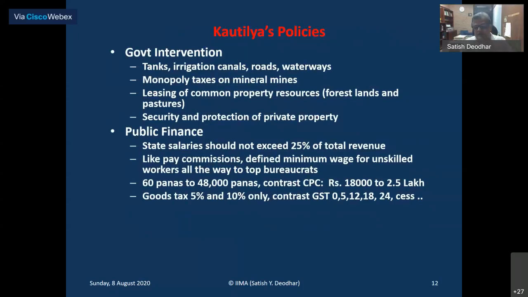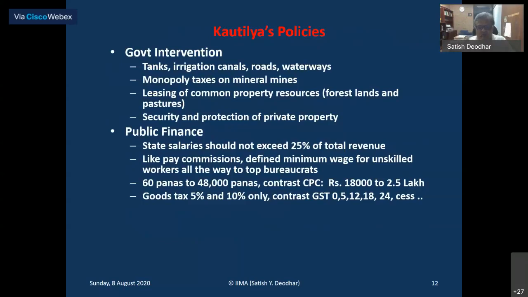The Central Pay Commission. He talked about a pay commission, and he talked about what should be the salaries for different people, starting from a palanquin holder to the Rajaguru or the Senapati, who is the general in the army. What should be the salaries of each and every employee of the state?